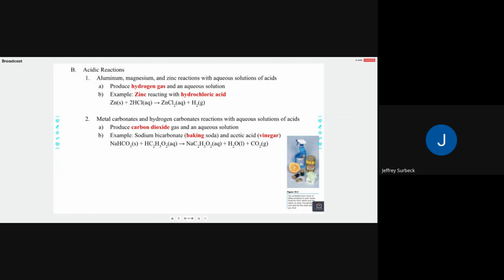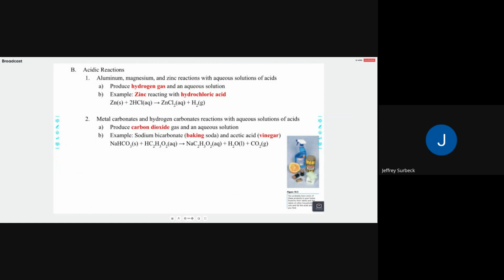Our salt in this case is sodium acetate, the first thing listed as our product. But a lot of the time, especially in this type of class, we're going to see the production of H2O liquid. Essentially, the H from the acid and the OH from the base get together and produce that H2O.